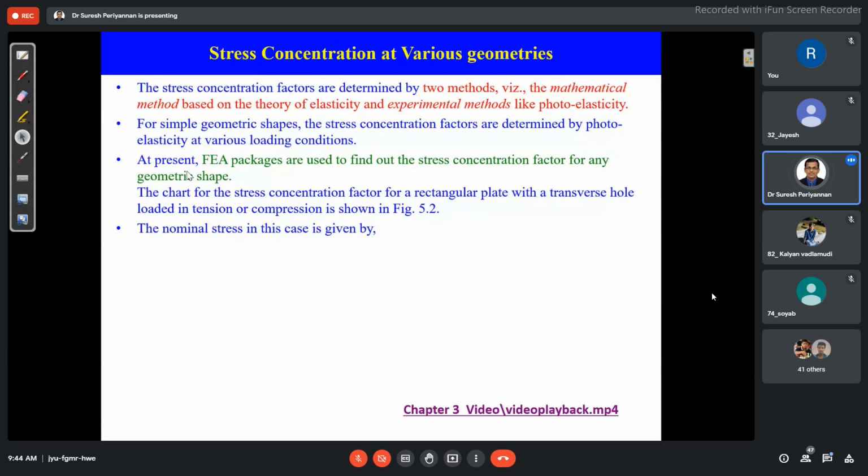At the different boundary conditions, you can define your different load conditions. That can be done very easily, very fast and in a cost-effective manner. FEM will not give you a 100% true result, but it is an approximation. Then we can easily understand the stress concentration, where it is more and where it is less, as I showed you in the video.